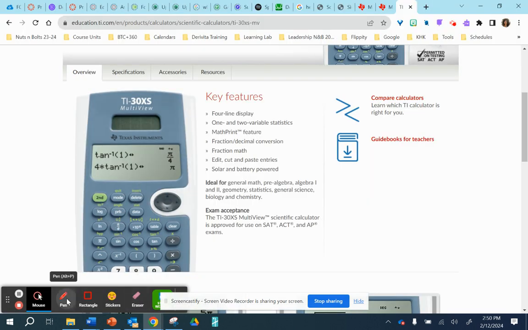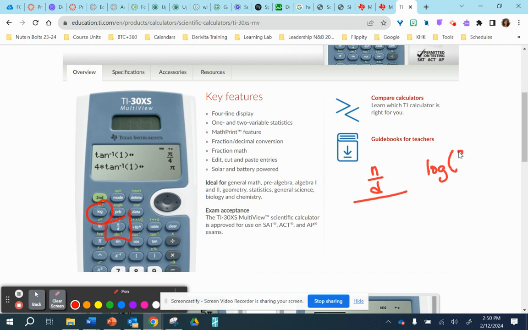Here we have the log button. So I would use n over d. So in the calculator, I would do n over d, and then we're also going to use n over d again. So log, and then we had 350 divided by 192.